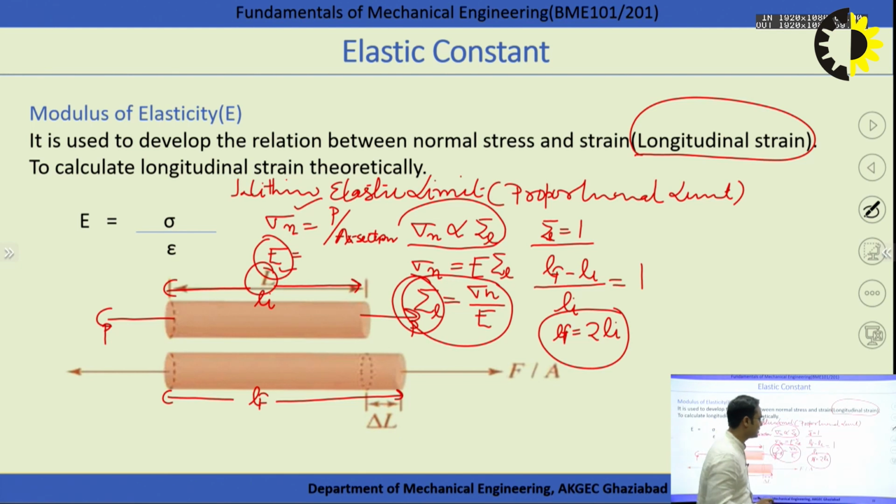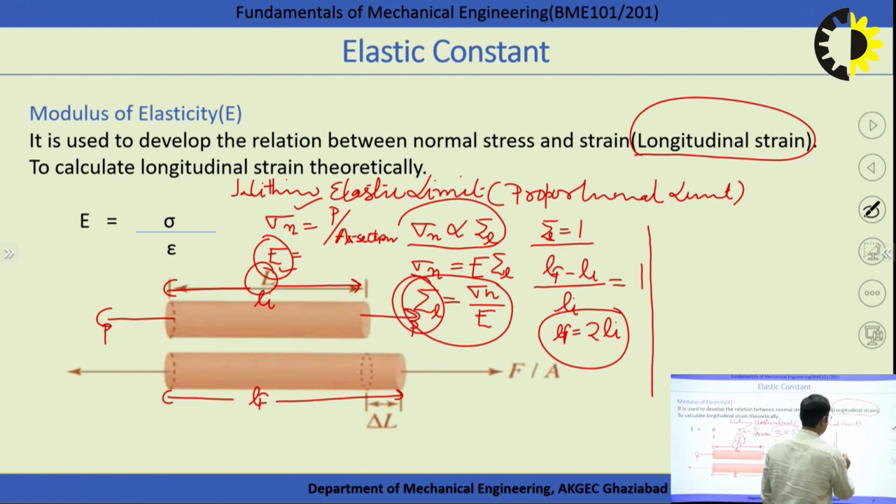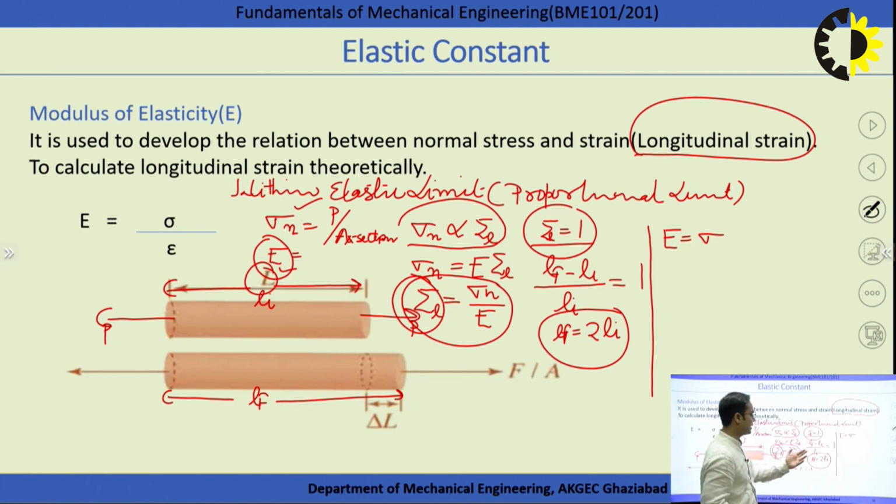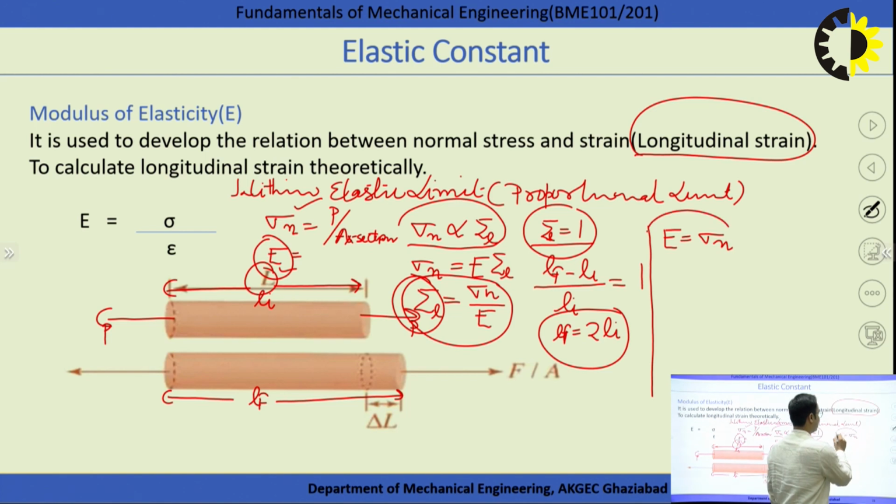If I am writing this, I am able to write E is equal to sigma. If the strain is unitary, I can write E is equal to normal stress. What is the meaning of that? It means the modulus of elasticity is also defined as the amount of normal stress required to cause the unitary strain.